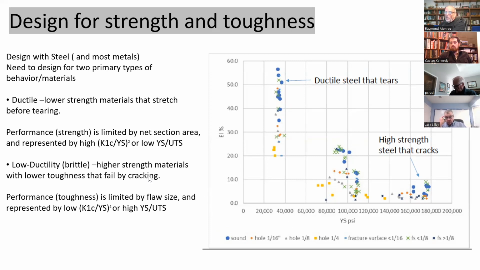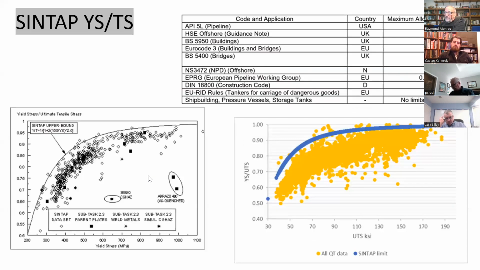But there are other ways of looking at this stuff. And so one of the things that people have been doing lately is to use the yield strength tensile strength ratio instead of elongation or reduction in area. And it has the great benefit, number one, that it actually means something in design.